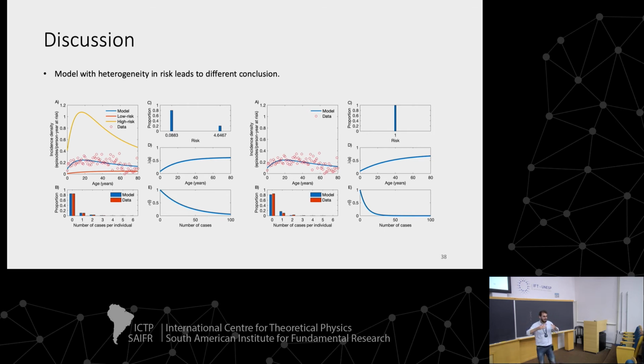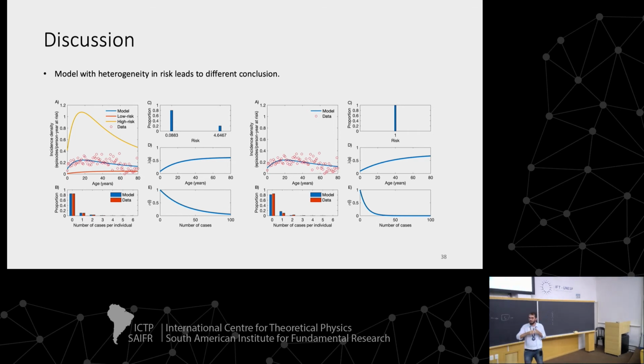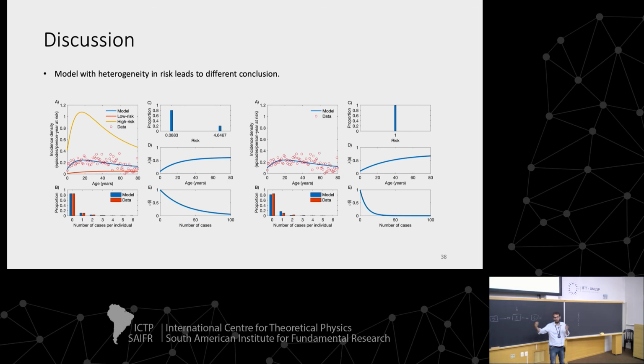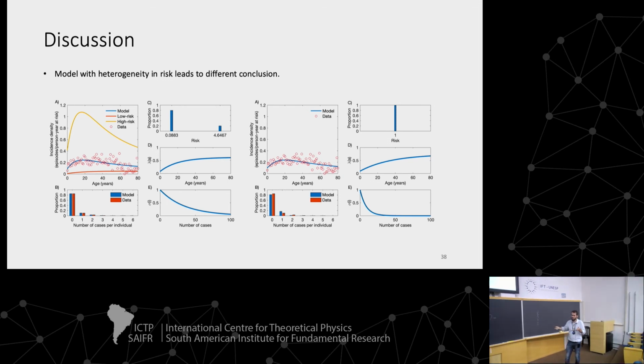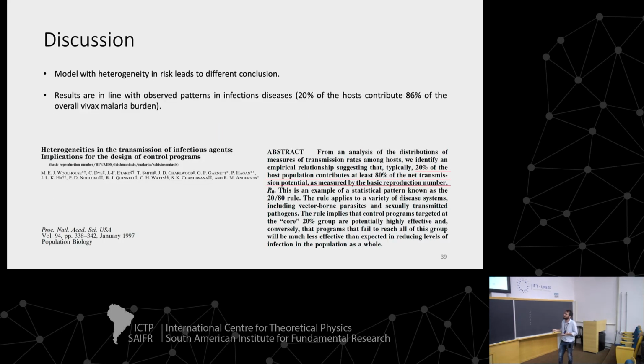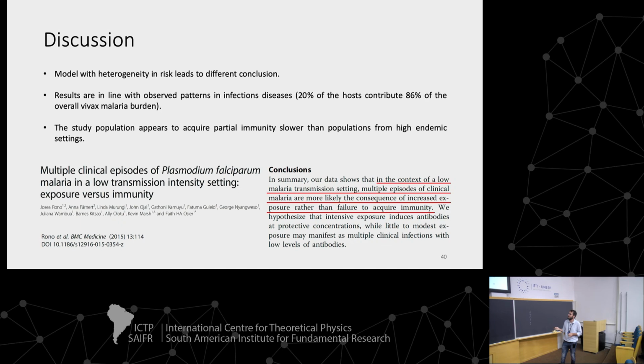It's different, and this difference in the partial immunity will change the whole dynamics of the model, which may lead to wrong conclusions afterwards. We found this 20-80 rule. In our case, 20% of the population is responsible for 86% of the transmission in the area.